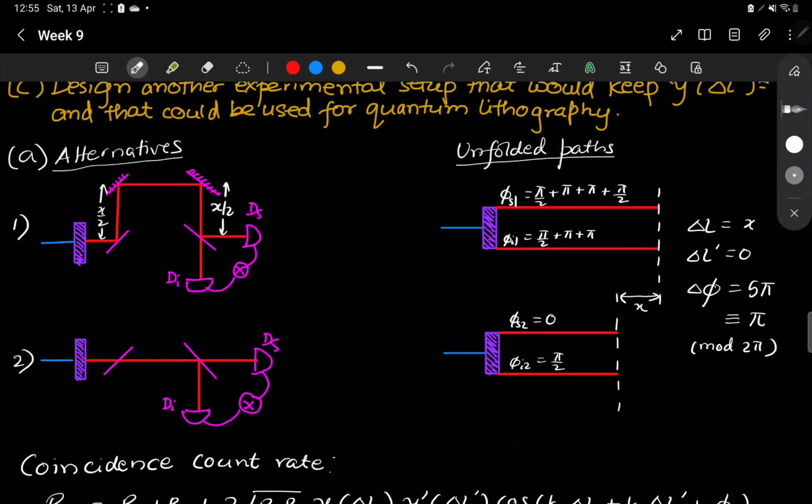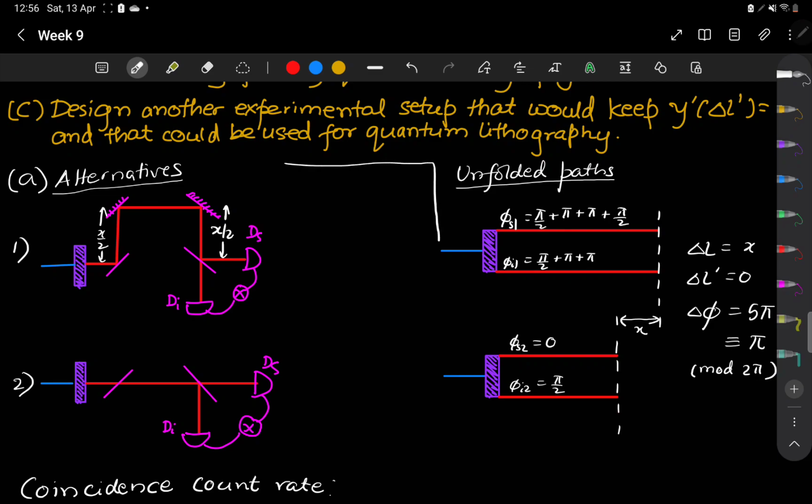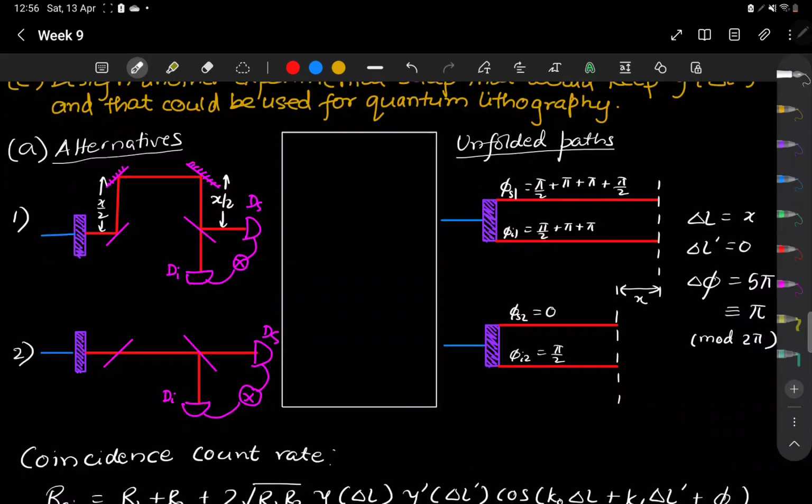Is there any question? If so, please feel free to put in the chat box or unmute and ask. Okay, someone is asking about these alternatives over here and why I did not draw the other alternatives in which one photon gets reflected and one photon gets transmitted.